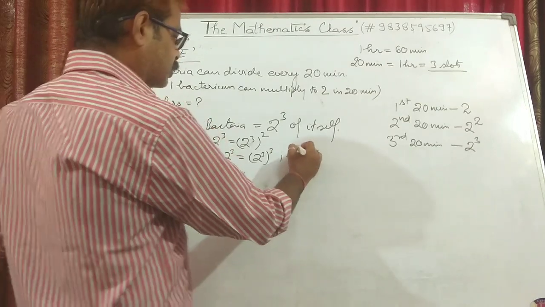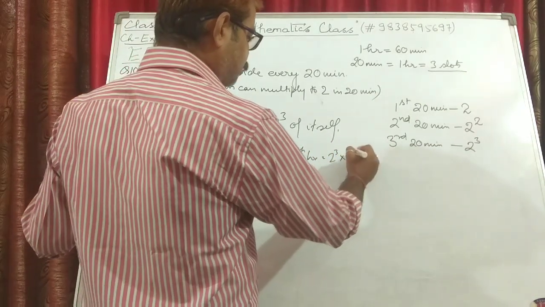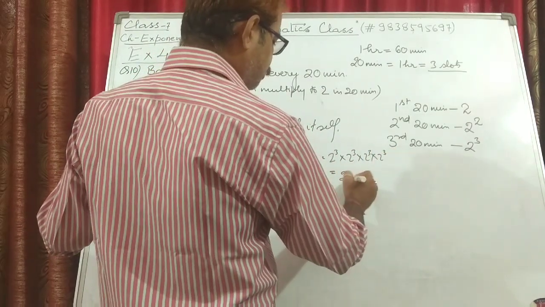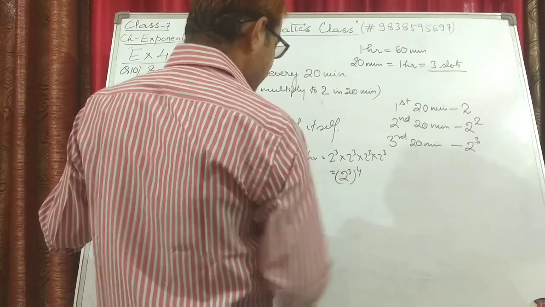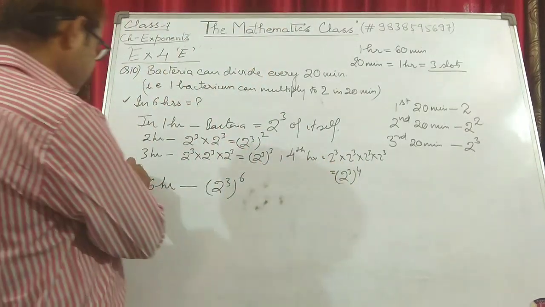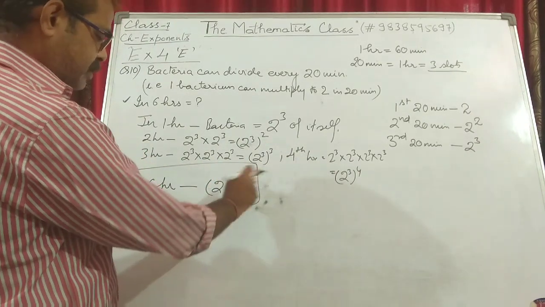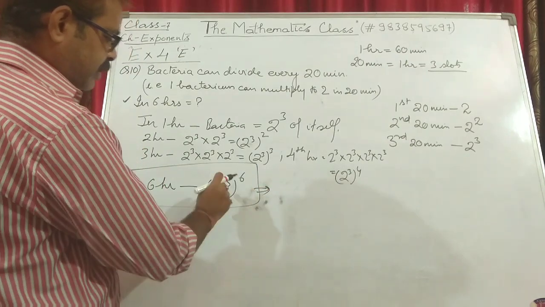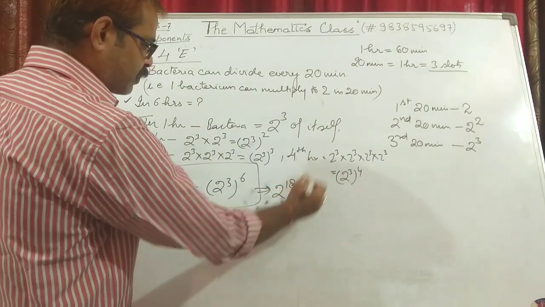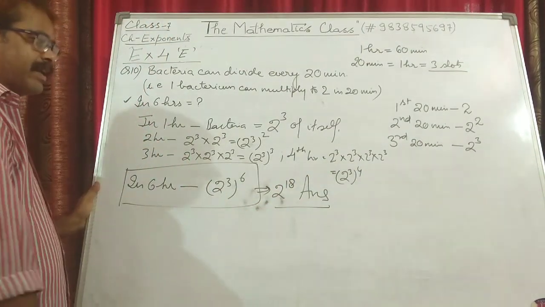In the fourth hour it will be 2 to the power 3 whole power 4. Similarly in the fifth hour it will be 2 to the power 3 to the power 5. So in the sixth hour it will be 2 to the power 3 whole power 6. We know that when there is a power of power, these powers get multiplied. So it will become 2 to the power 18. That is the final value.